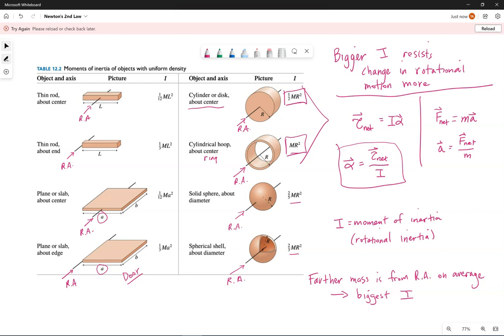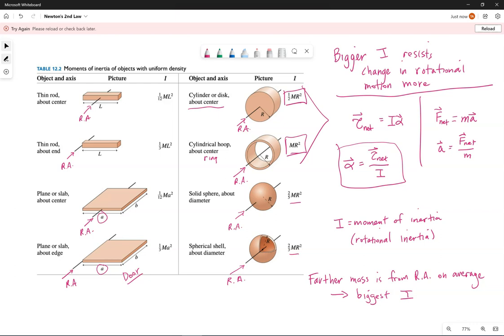It turns out all of our motion equations, like we see with Newton's second law, we're going to talk about energy and momentum as well. All of these equations will have I, rotational inertia, in them. So become familiar with this picture, because we have to be able to grab the right I from here.